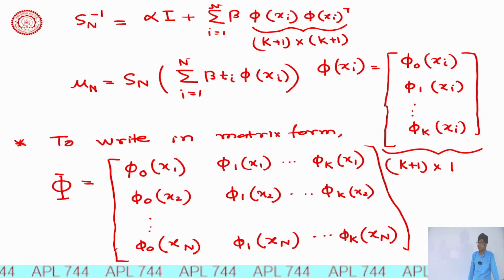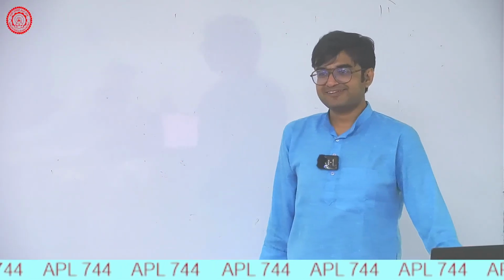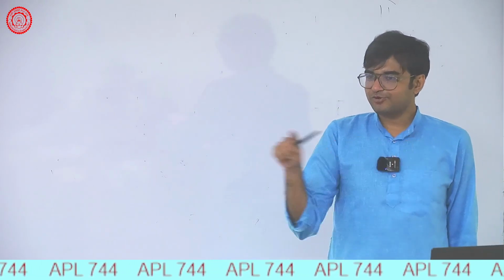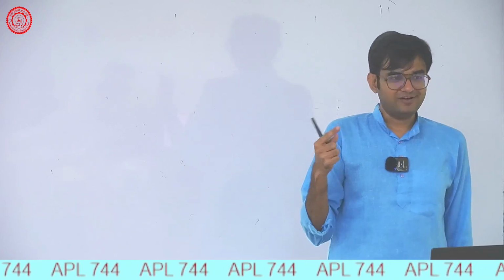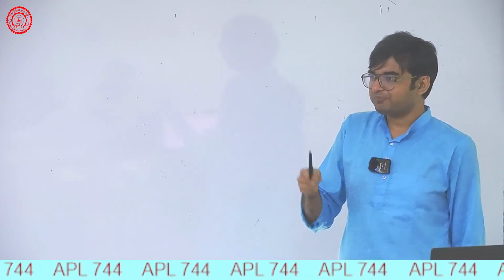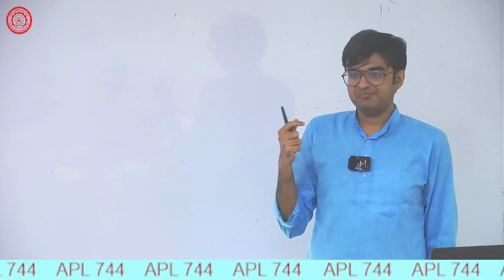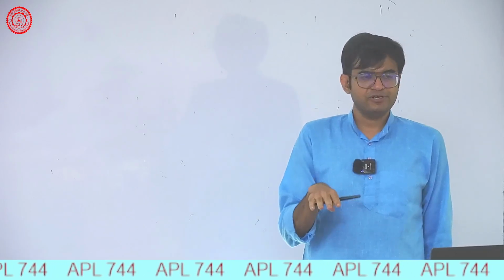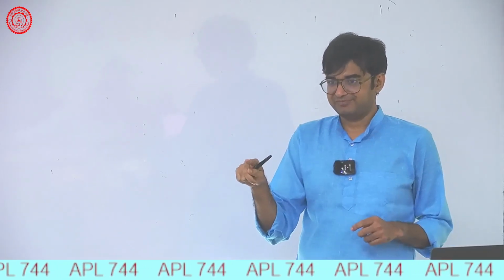Anyone know what is the name? Design matrix. This matrix is known as the design matrix, okay, where each row represents one training sample, each column represents one basis function. So, if you fix a column, the column will represent the basis function. If you fix the row, it will represent the training sample, okay.